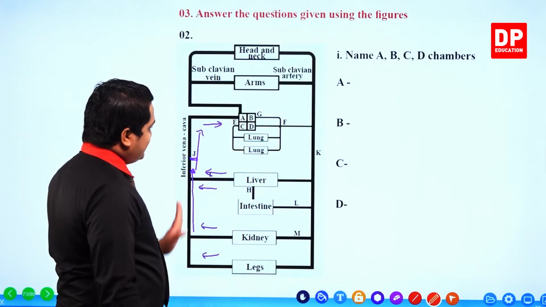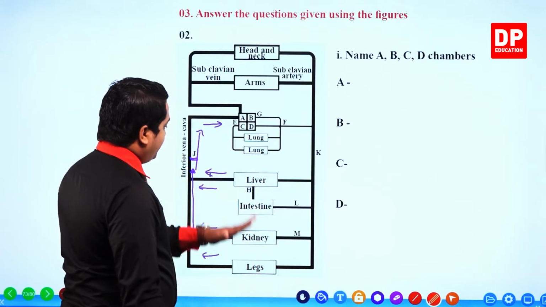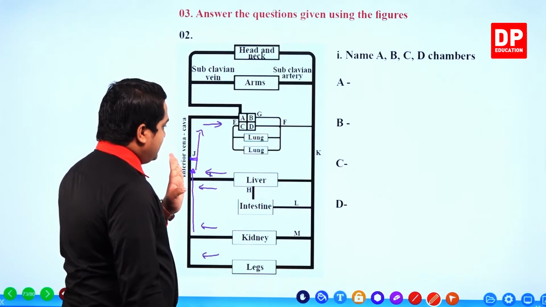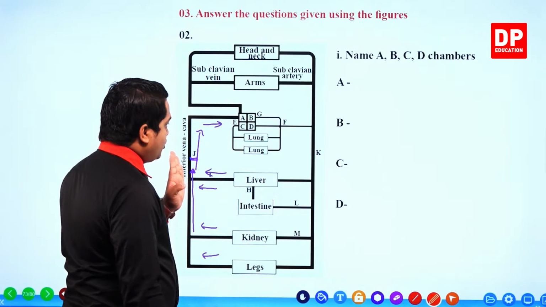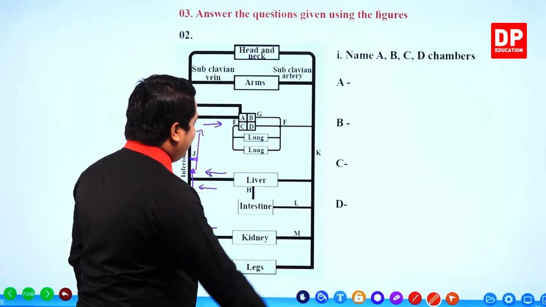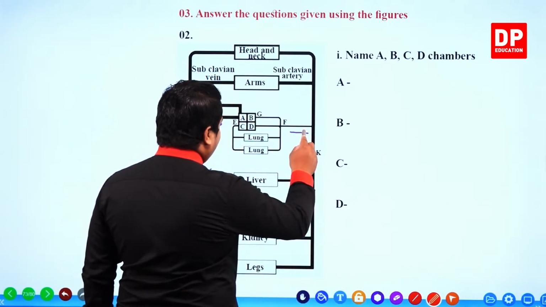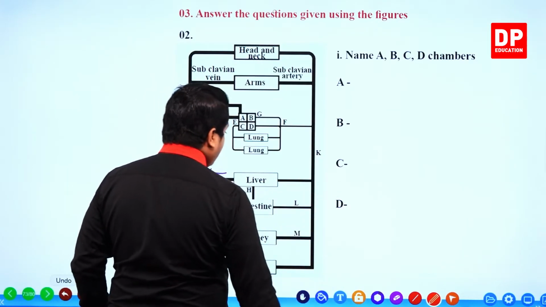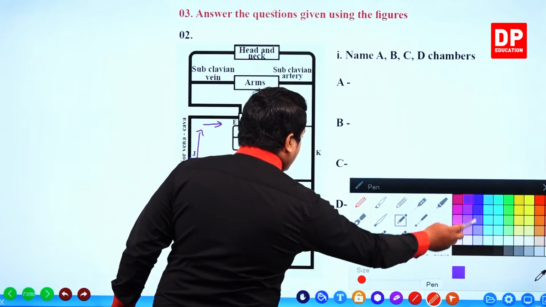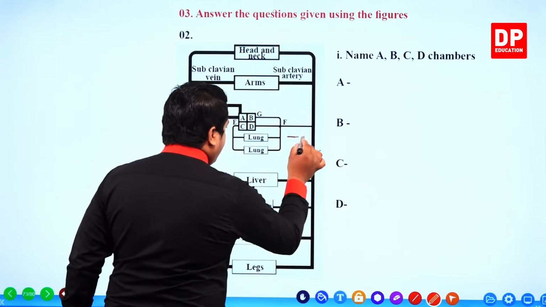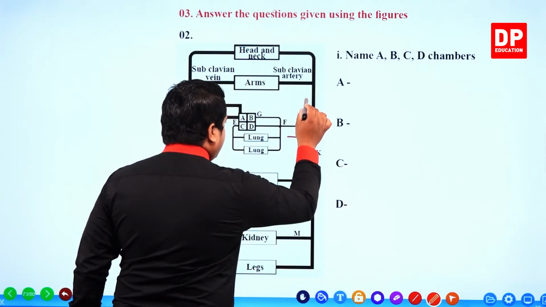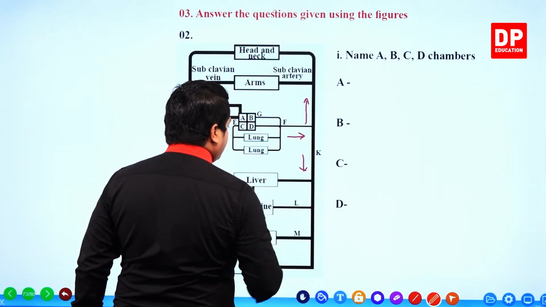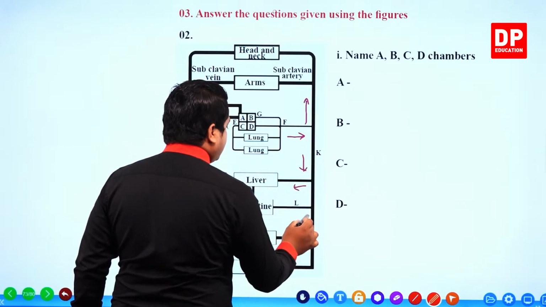So if this is the path of blood towards the heart, the other side should be the distribution of blood away from the heart. Right? Like this.